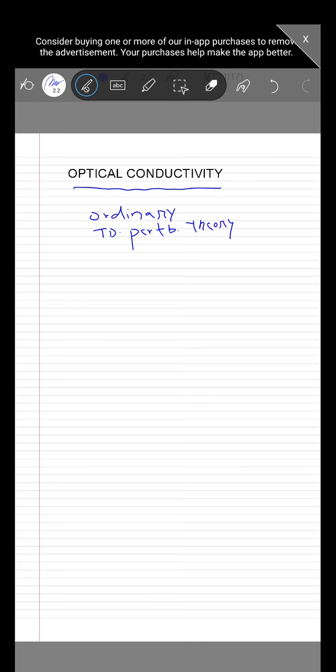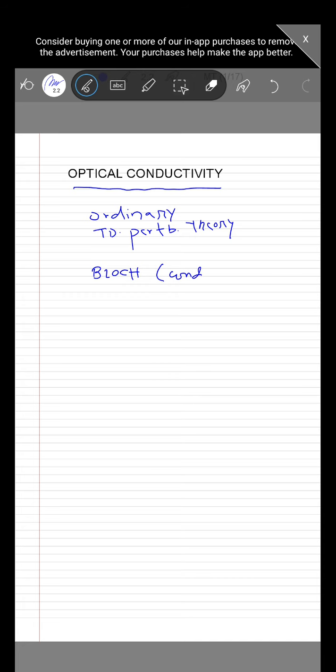Now, we will first consider a system of Bloch waves.